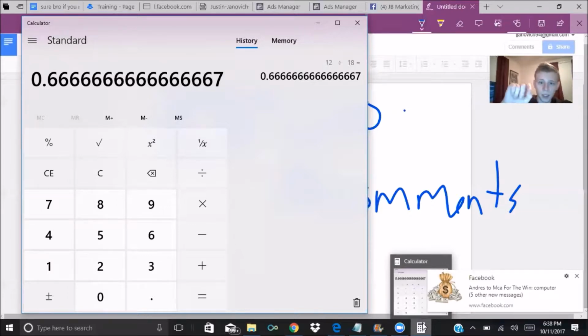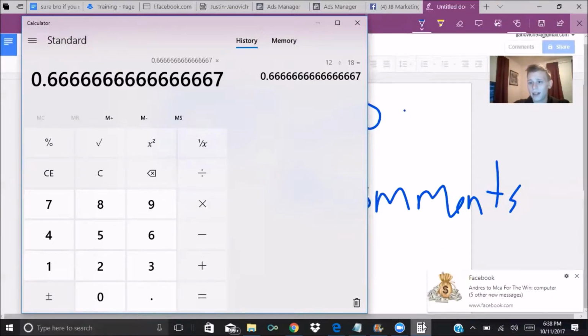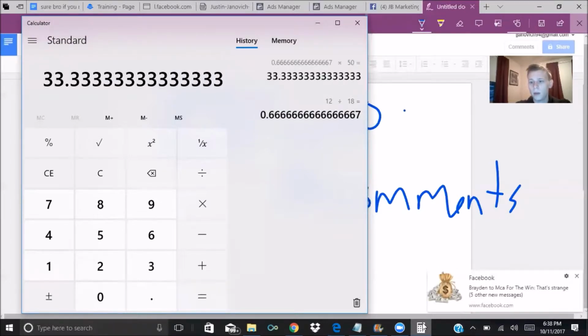But as I said, let's break this down, okay? So if we're paying 66 cents cost per comment, and it takes 50 people seeing our funnel, our advertisement, whatever, to purchase MCA, we're going to take 66 times 50, right? We're going to end up with $33.